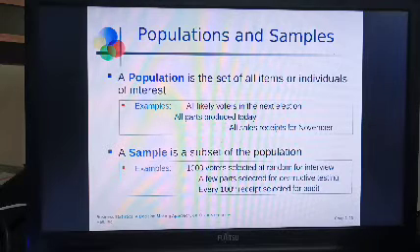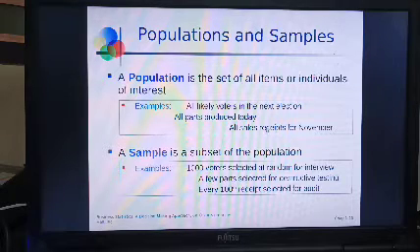Another example would be all parts produced in a certain day, like today, for say a manufacturing company that manufactures spare parts, or all sales receipts for a certain month, like November, all sales.